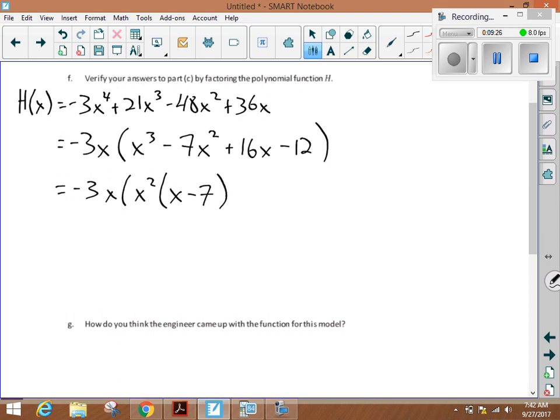And you can see that that's true if I was to distribute the x squared back in. And then the greatest common factor over here looks to be 4. So I will factor out a 4, and I wind up with 4 times x minus 3, and that's no good.